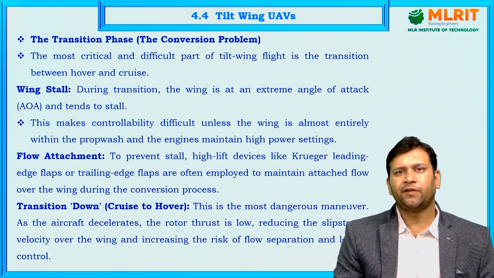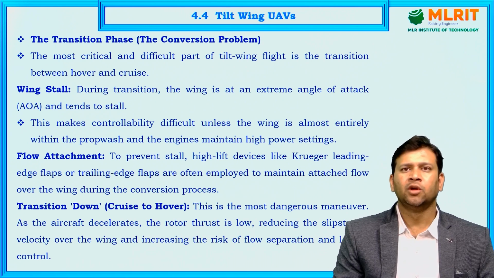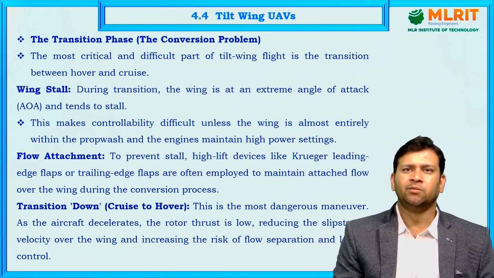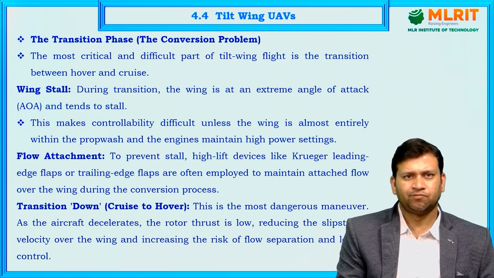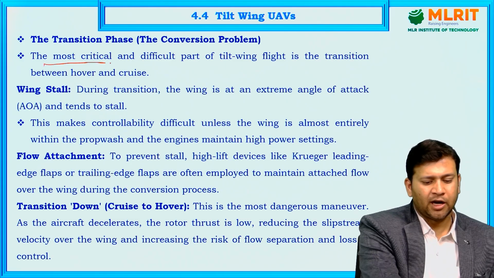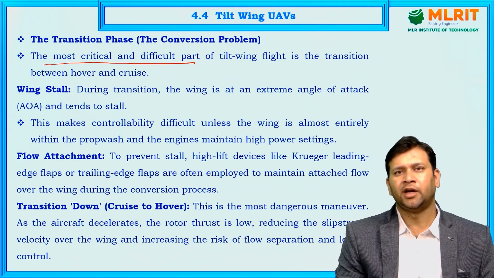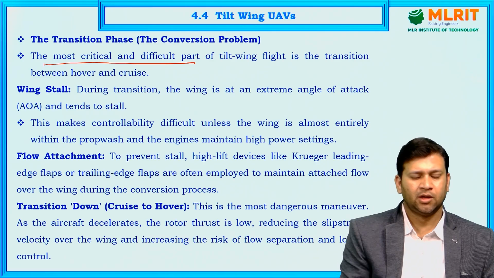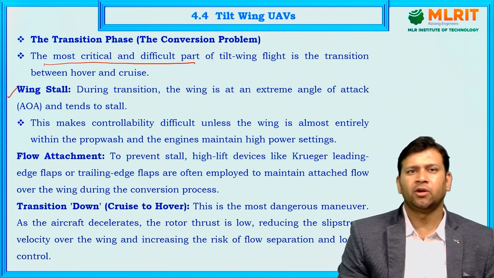The transition phase, which is the conversion phase from cruise flight to vertical takeoff and landing, and then again vice versa from vertical flight to forward flight. The most critical and difficult part of tilt wing flight is the transition between hover and cruise. The first one is wing stall.